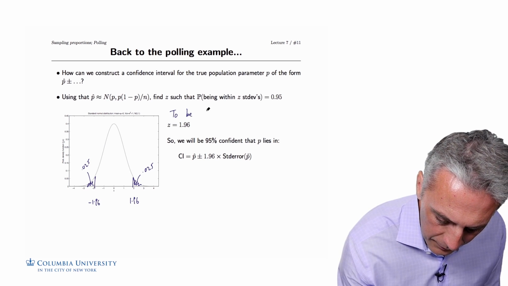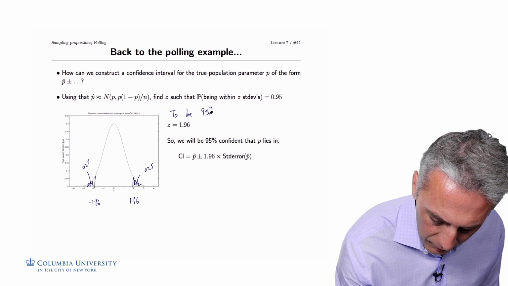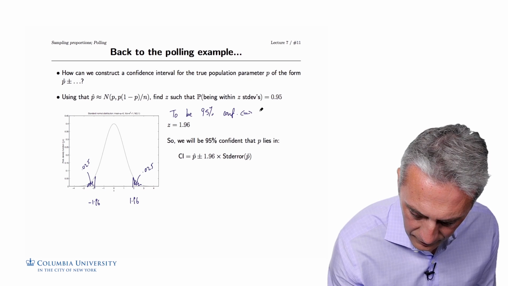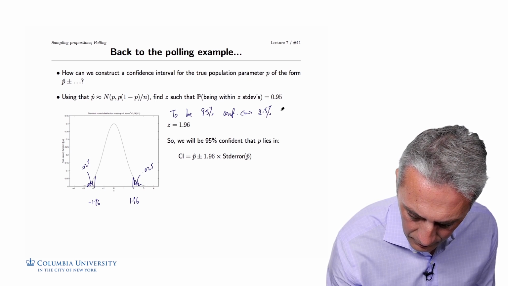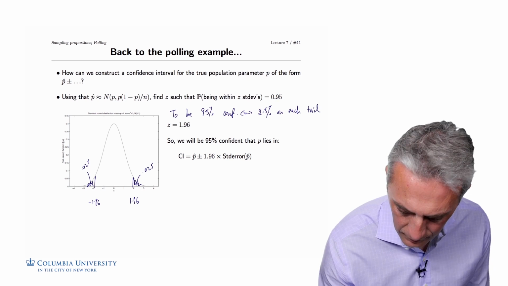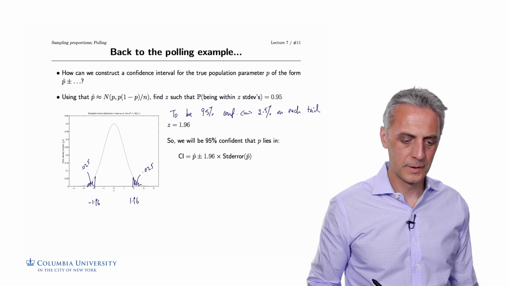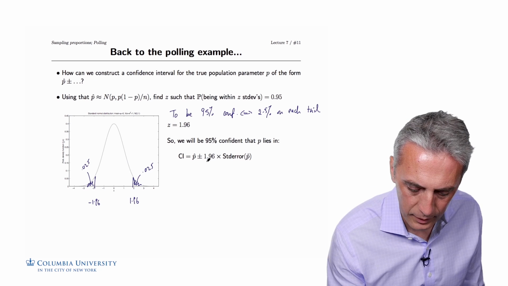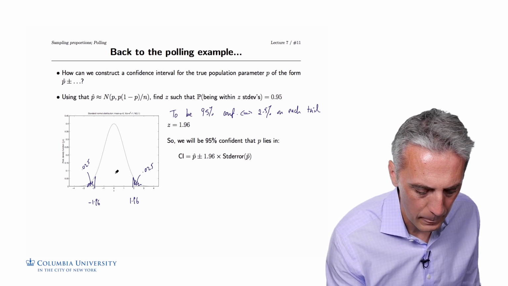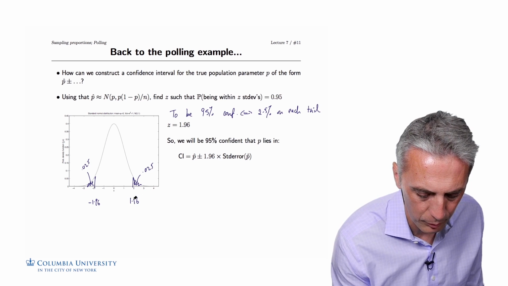So to be 95% confident, which is the same thing as saying 2.5% on each tail, right? We need to be 1.96 standard errors away, okay? So this distance needs to be 1.96.